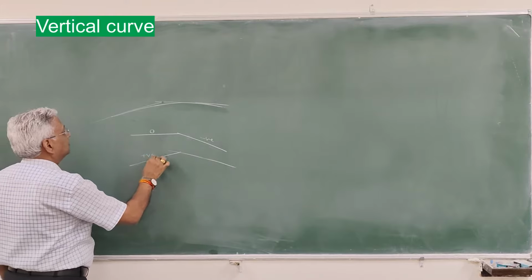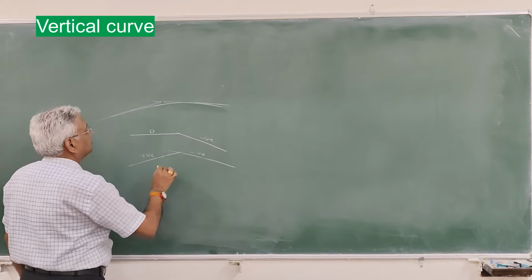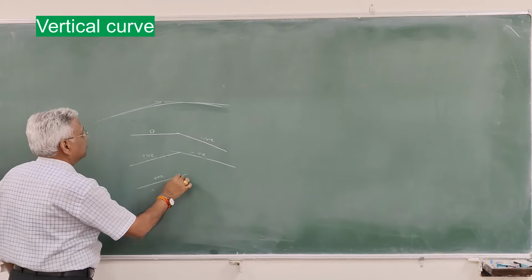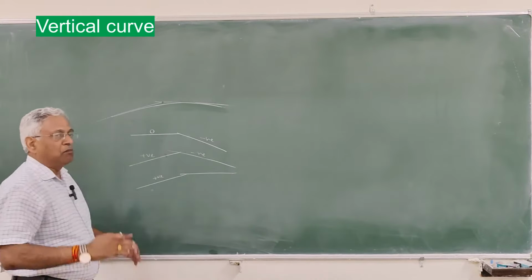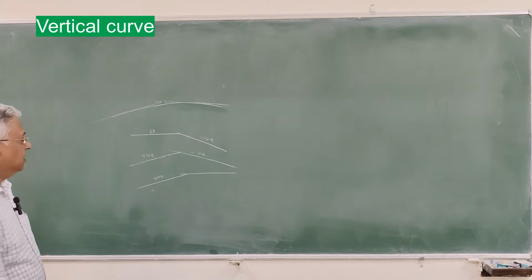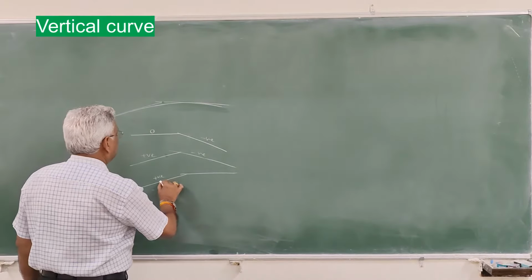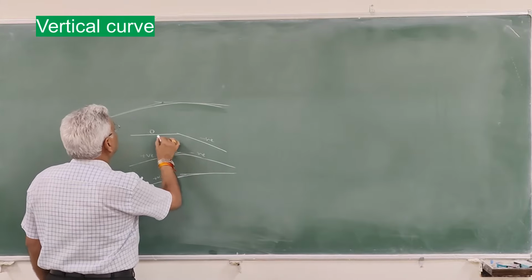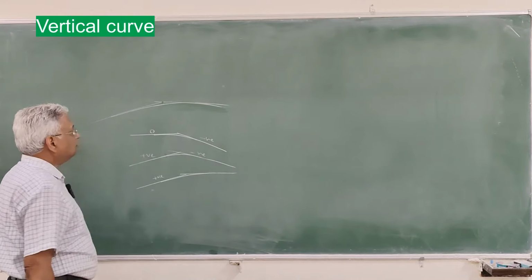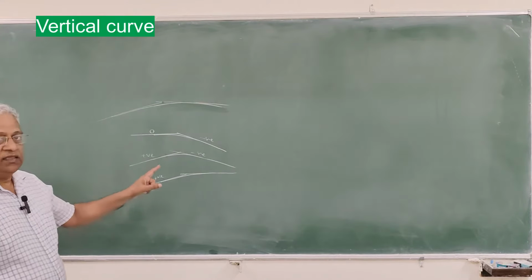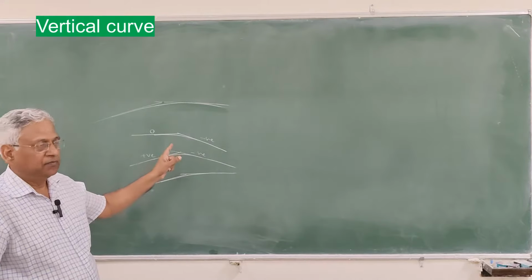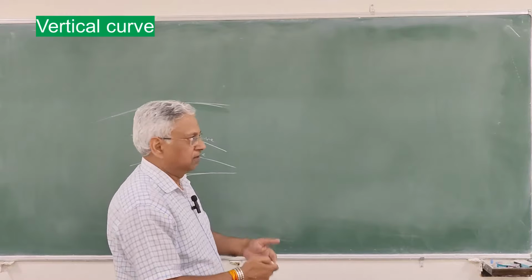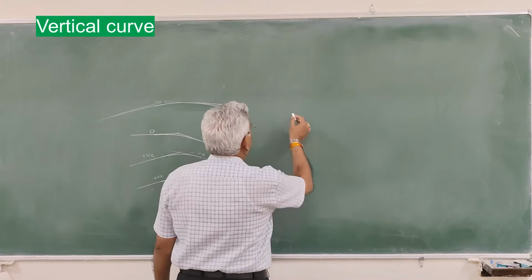This is positive, this is negative, or a steep positive gradient meets a mild positive gradient. Then also a summit curve is formed. Convexity is upward.